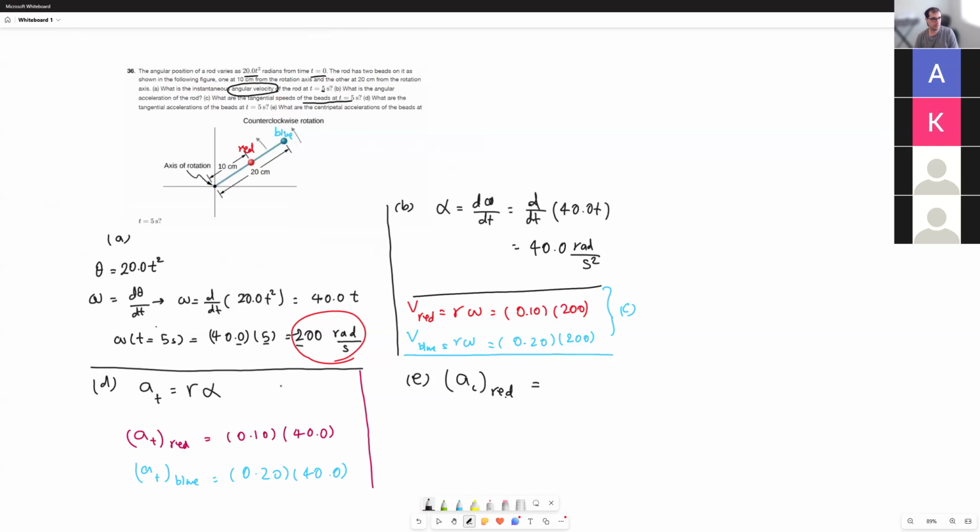Yeah, V squared. Is there any V centripetal in circular motion?